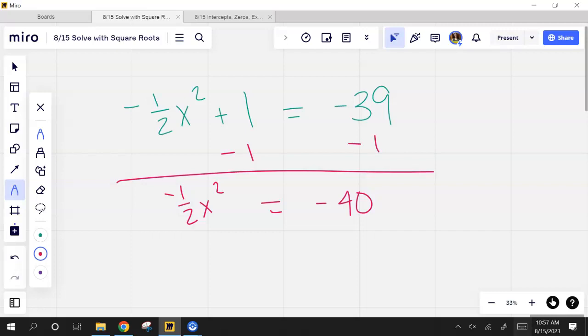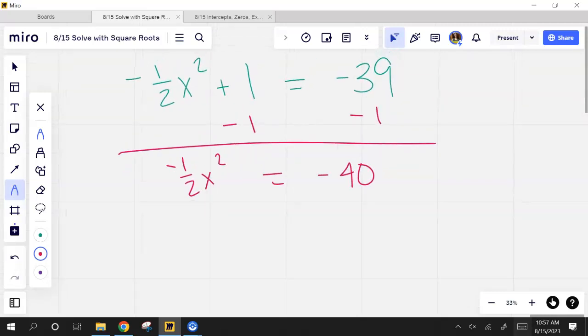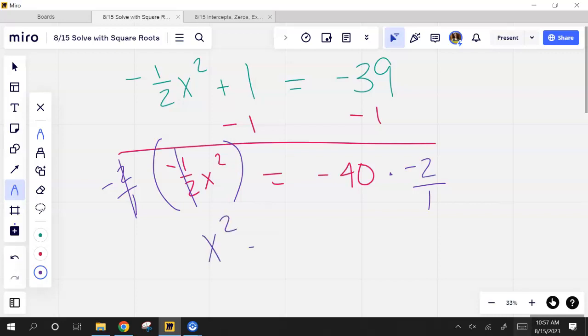It would still be right, it's just easier, especially if I didn't have a calculator here, or even if I did, it's easier to multiply by negative 2 over 1 than it is to try to worry about dividing by a fraction. These cancel because reciprocals multiply to 1. So now I have x squared equals positive 80.